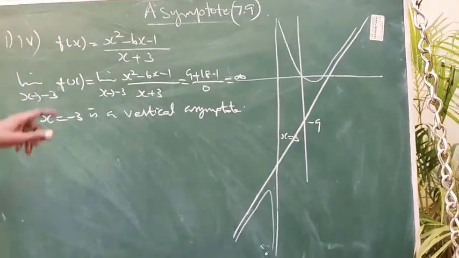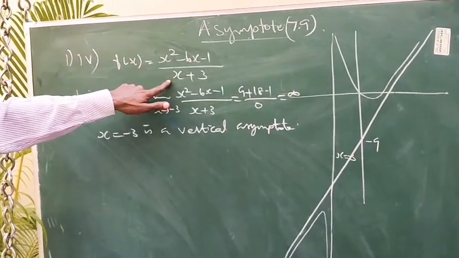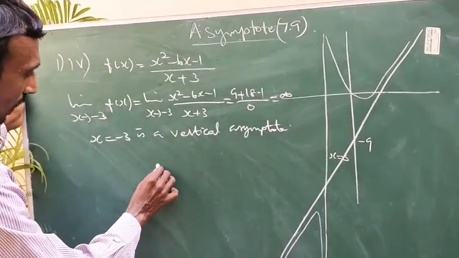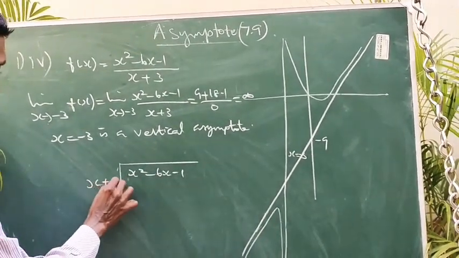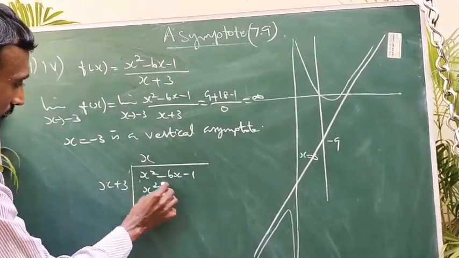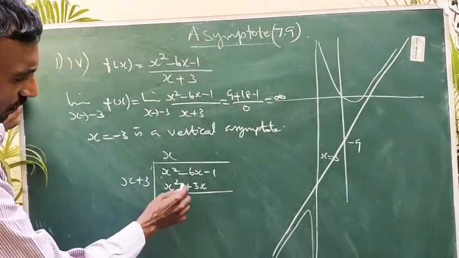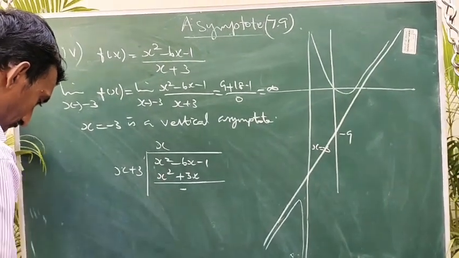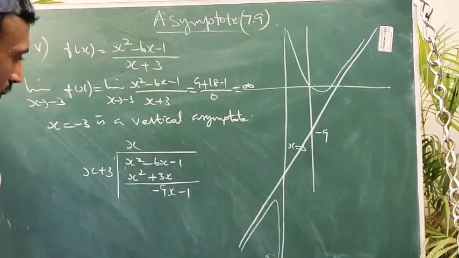And then look at the degree of the numerator. It is greater than the denominator. Surely a slant asymptote exists. Already told you, use the division method. Okay. So x square minus 6x minus 1 divided by x plus 3, you have to multiply by x. So x square plus 3x, change the sign and add, we are getting minus 9x minus 1.